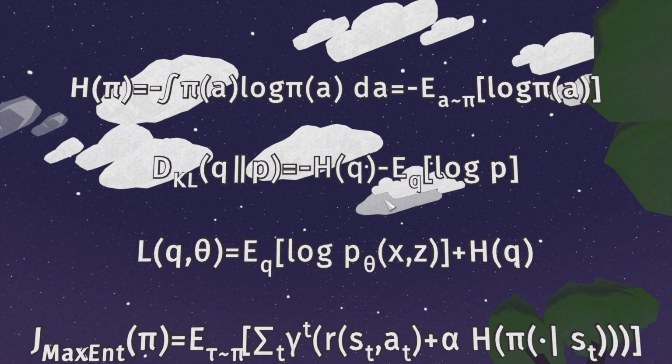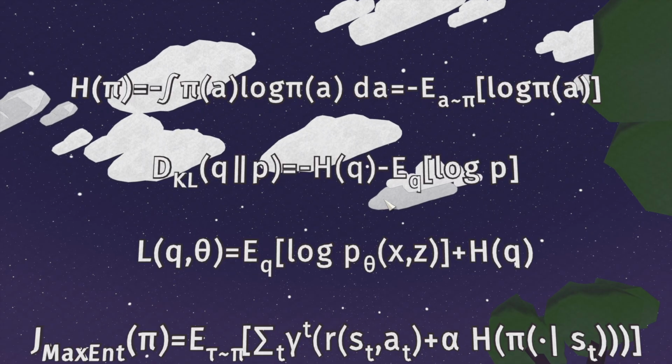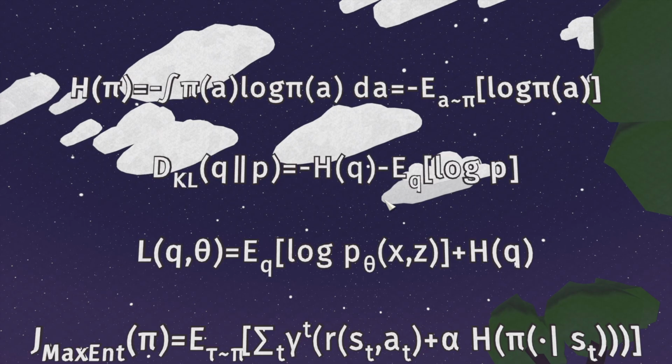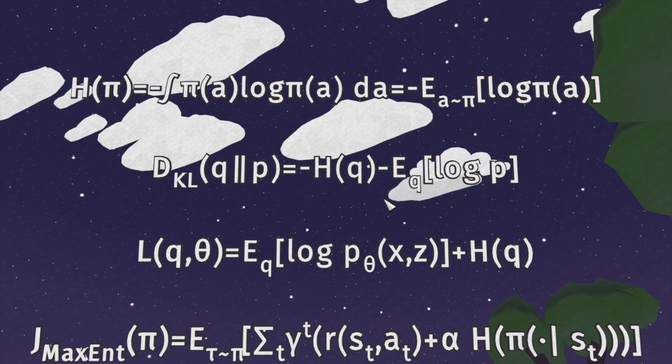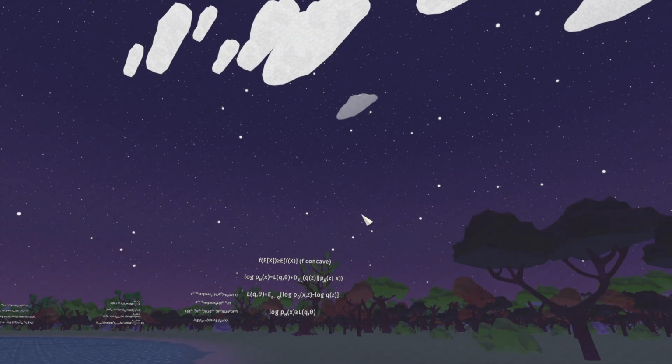The maximum entropy objective adds a per step log pi of action a_t given s_t to the reward. VIREL avoids that and lets entropy come in through the variational posterior.